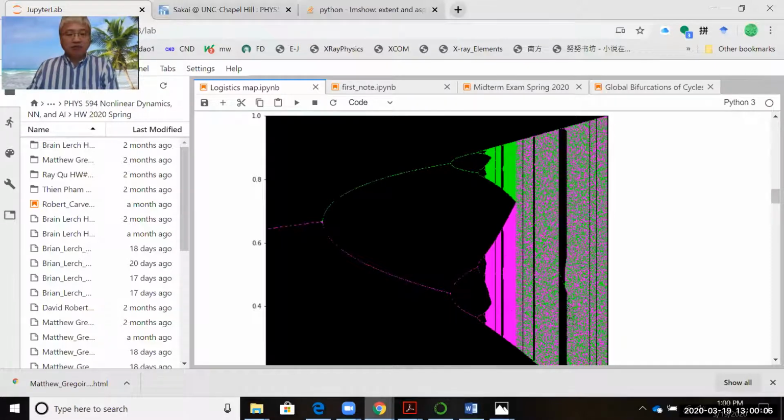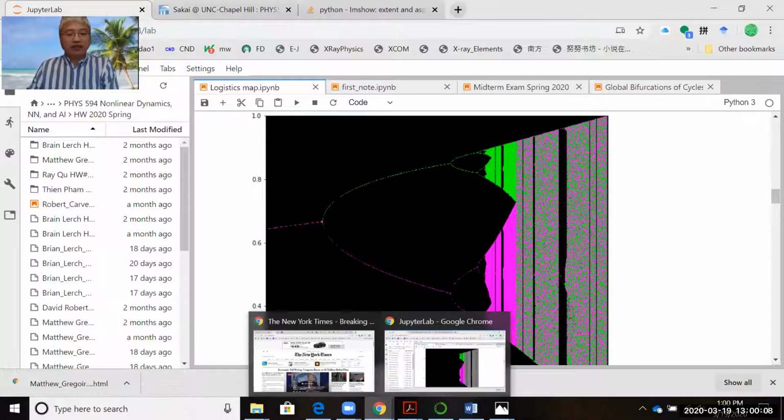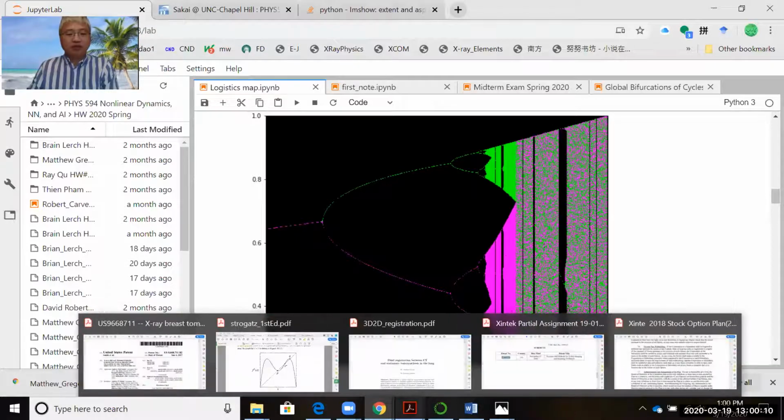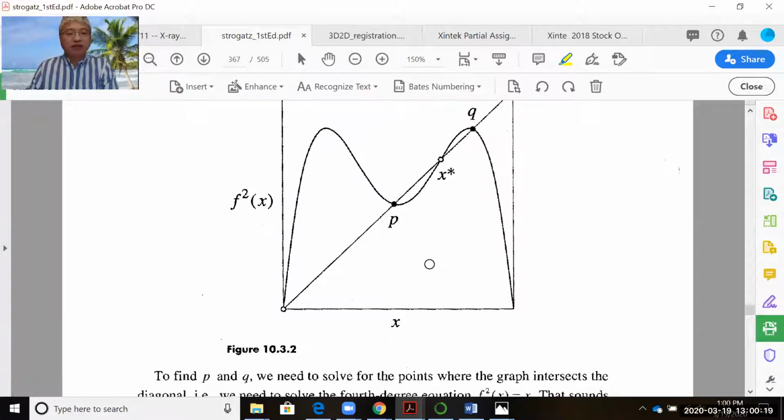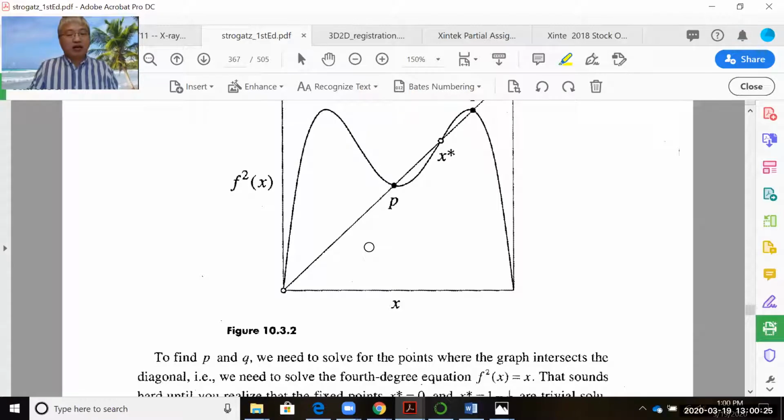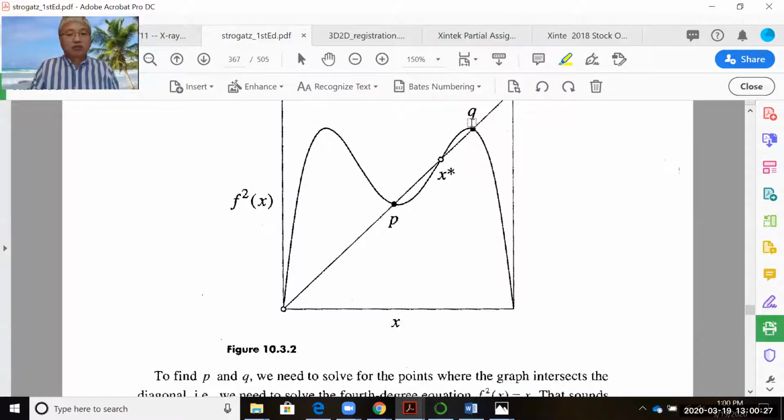Up to period 4, you can still do it analytically. Beyond period 4, it becomes intractable algebraically. So here is period 2. We develop these two new fixed points. Now we can analyze the stability analytically for these two fixed points and obtain the value of r where these two are still stable.